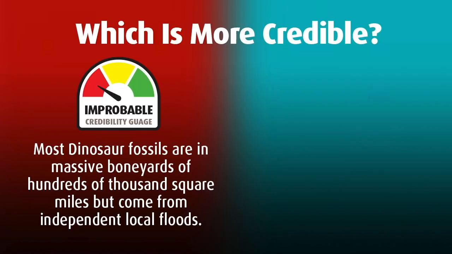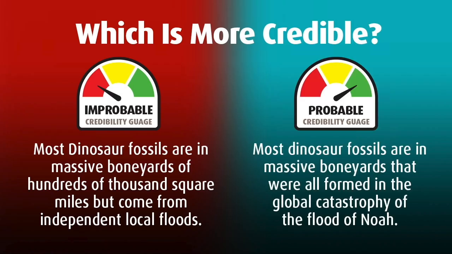Most dinosaur fossils are in massive boneyards of hundreds or thousands of square miles, but come from independent local floods? No, that just doesn't wash. Or most dinosaur fossils are in massive boneyards that were formed in the global catastrophe of the flood of Noah. Unfortunately for the scientists, that actually makes more sense, but they won't admit it.